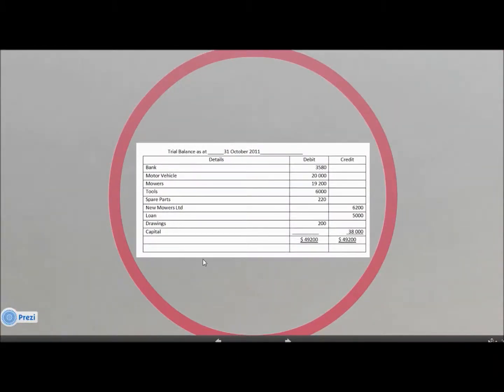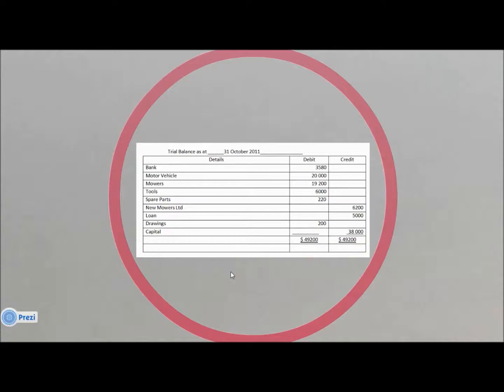And let's do the trial balance. The trial balance is at 31 October 2011, and this is the end of this month. So it's bank, motor vehicle, movers, tools, spare parts, new movers ltd, loan, drawings, and capital. Bank, motor vehicle, movers, tools and spare parts are on the debit side. New movers ltd and loan are liabilities, so they are on the credit side.